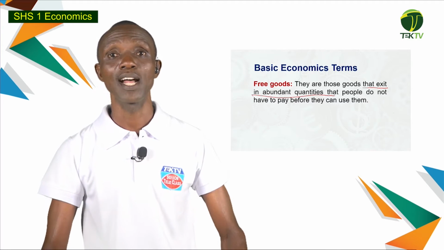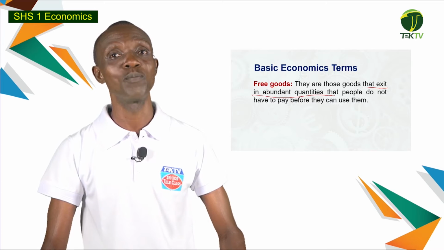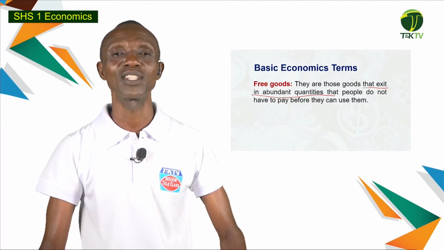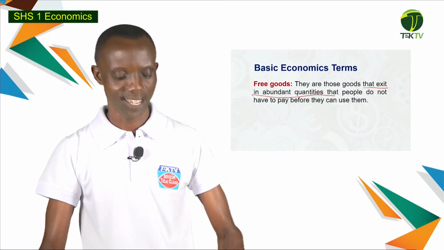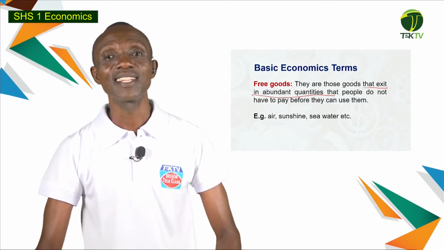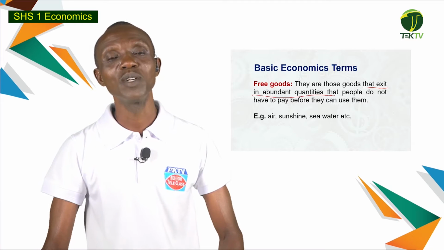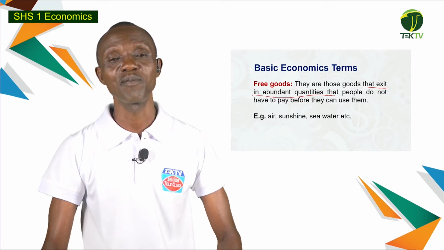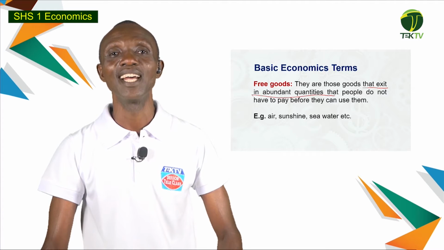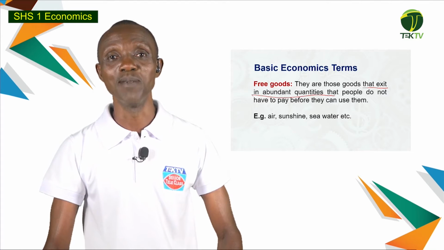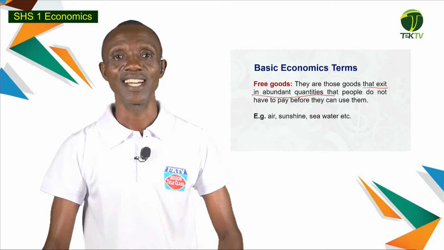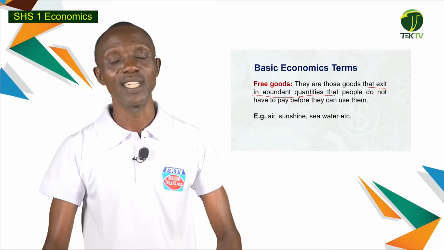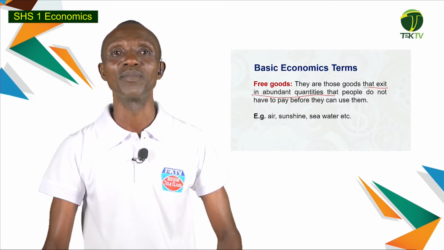And for that matter, individuals do not have to pay before they can use them. Now we can talk about air, examples, sunshine, seawater. Now these examples that have been mentioned here, you could realize that how much we need of them, they are abundant in supply, than how much we need of them.